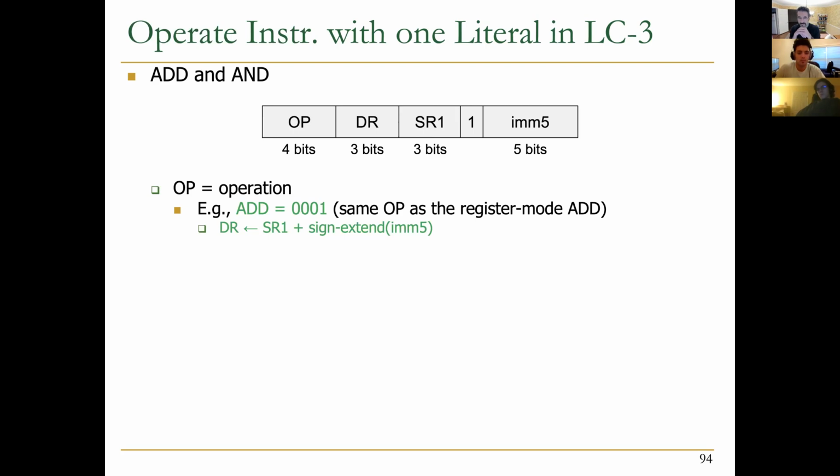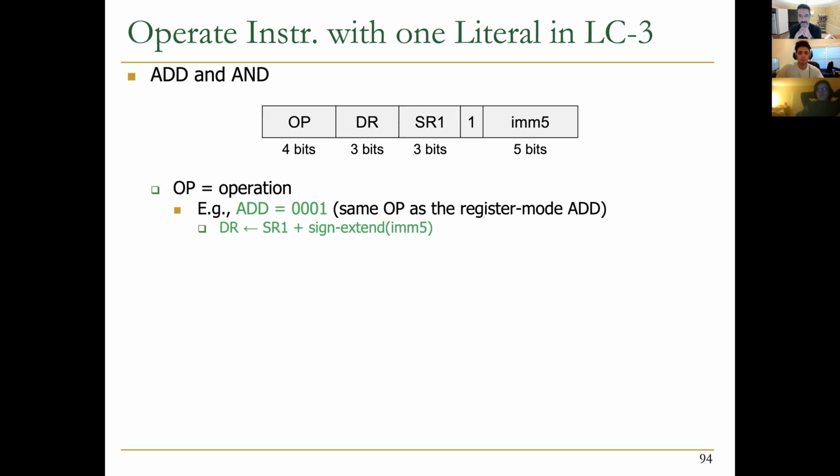Sign extending means that if the most significant bit of the immediate is 0, you put 0 all the way to make it 16 bits. If this is 1, meaning that this number is negative, you need to repeat 1 all the way down in order to sign extend this number.